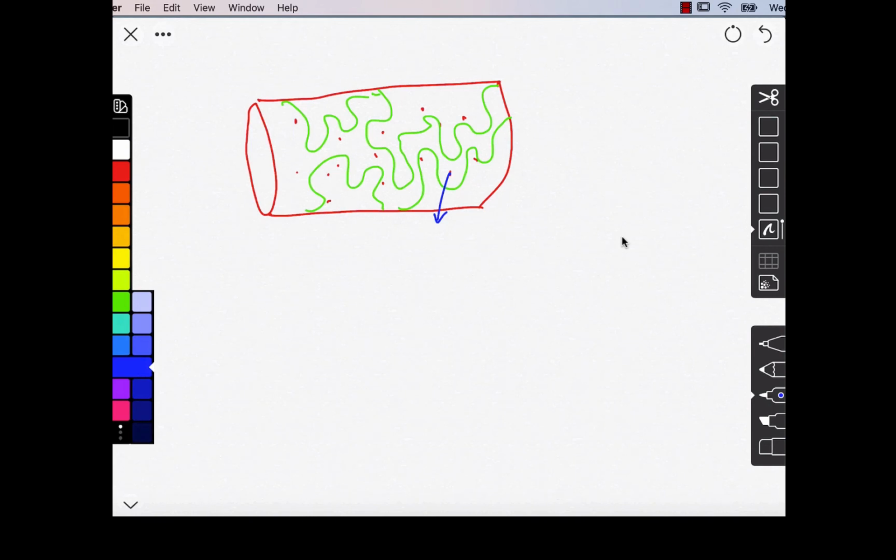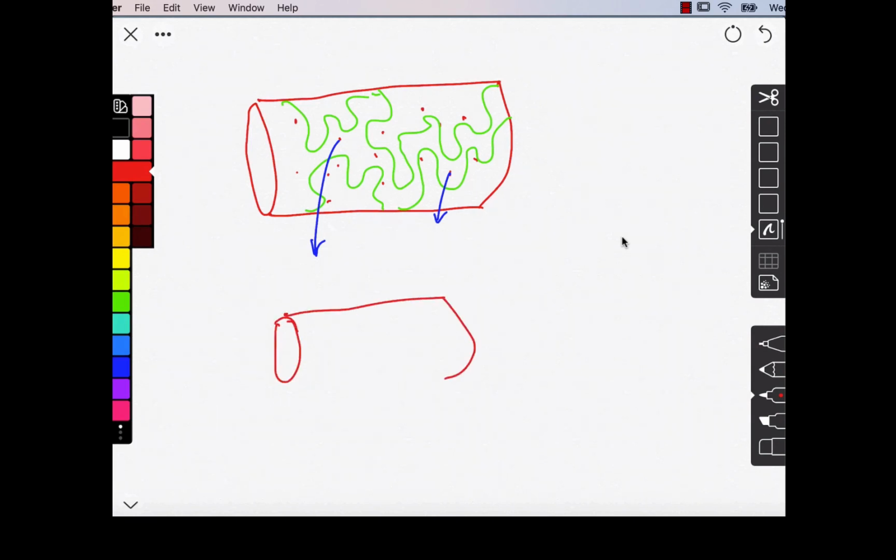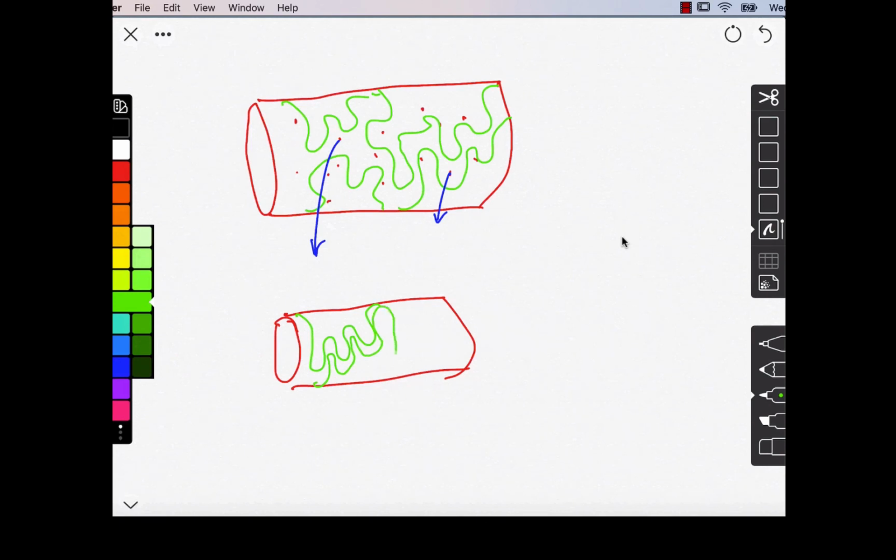In a case where the pressure going through that glomerulus is too high, to avoid damage, those podocytes are going to actually contract, getting even closer together. And once they're closer together, there are going to be fewer places where the fluid can exit that glomerulus.